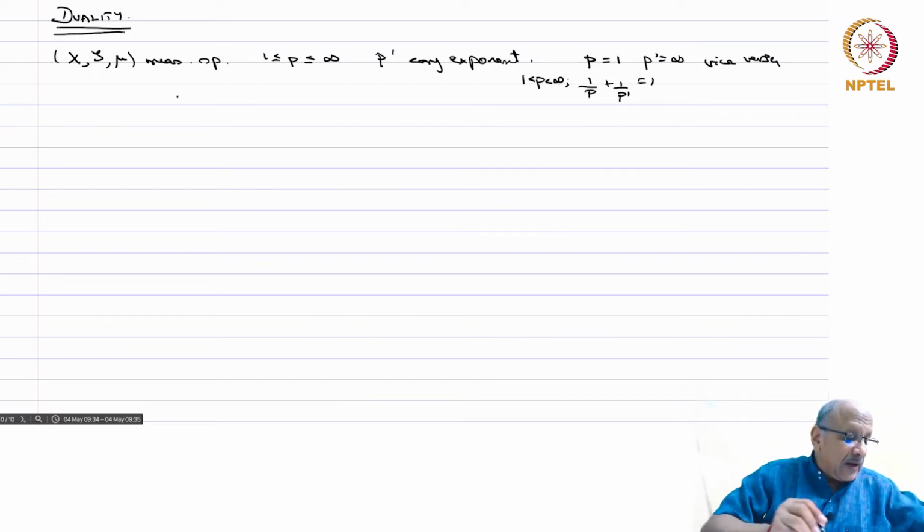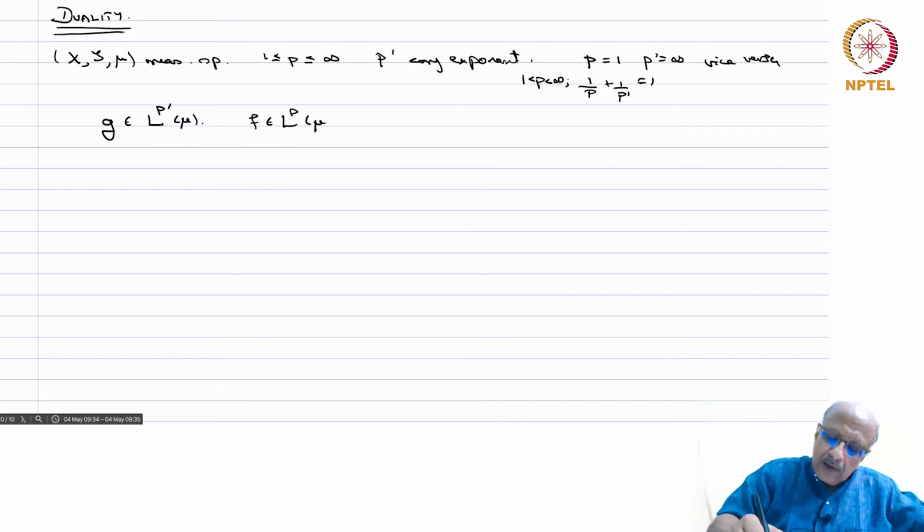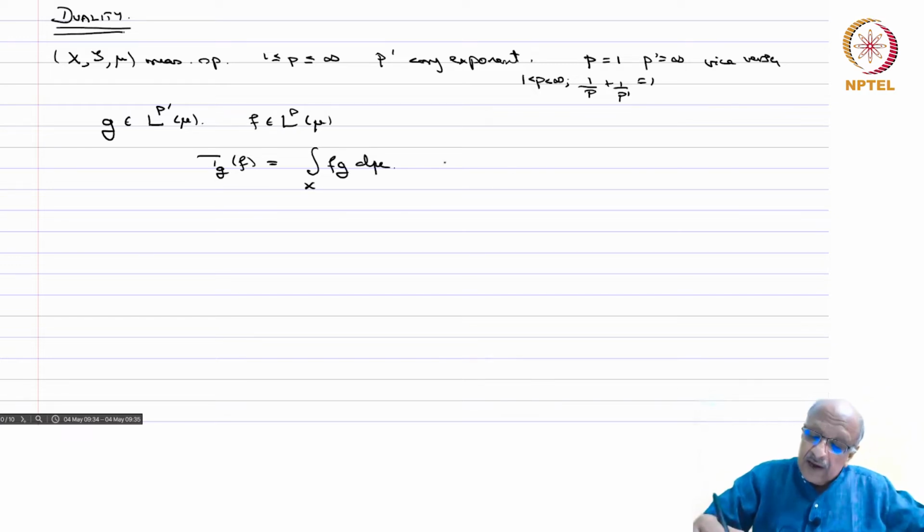So let us take g in L^p'(mu), and if f is in L^p(mu), then we define T_g(f) equals the integral over X of f g d mu, and this is well defined because of the Hölder inequality.